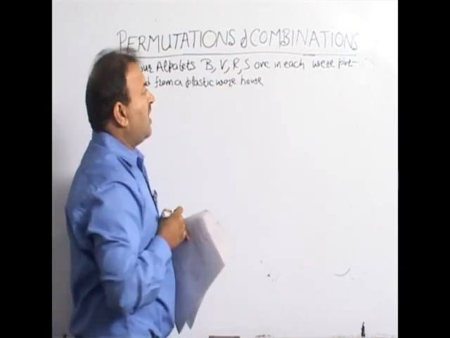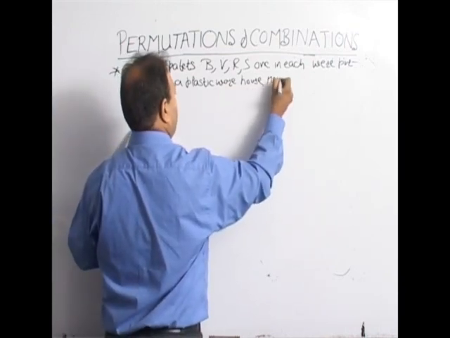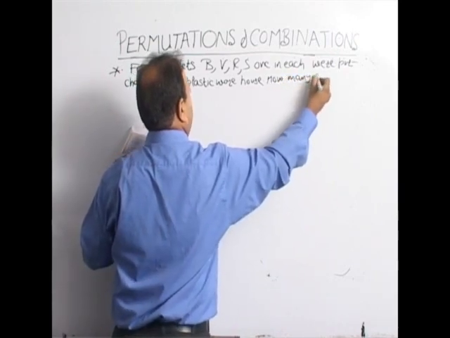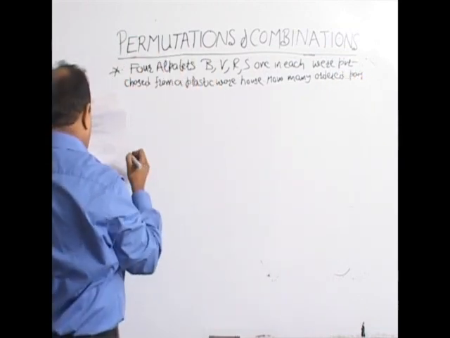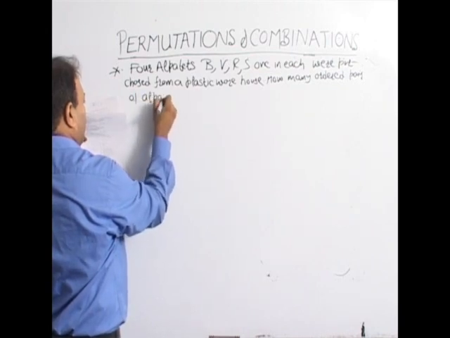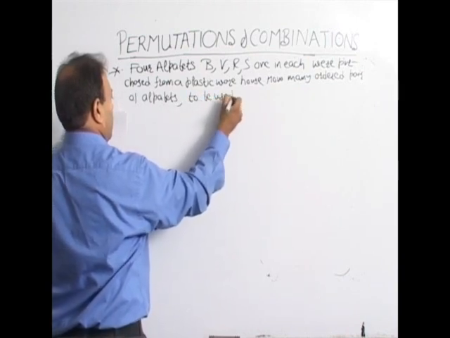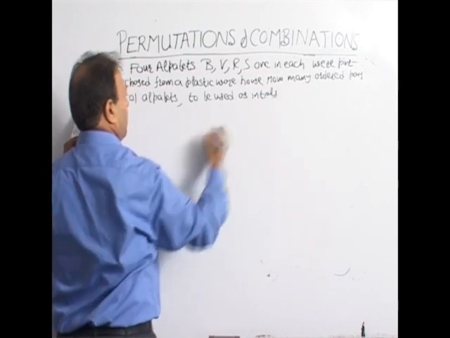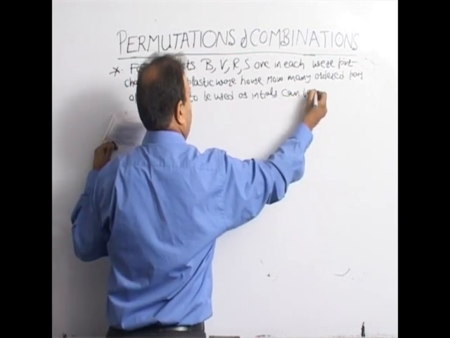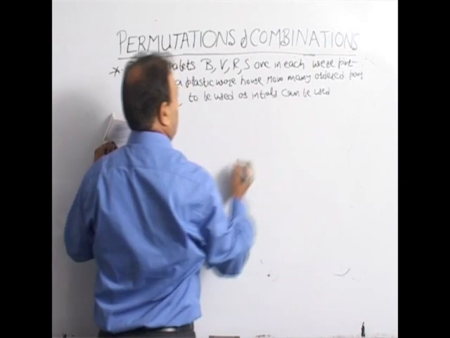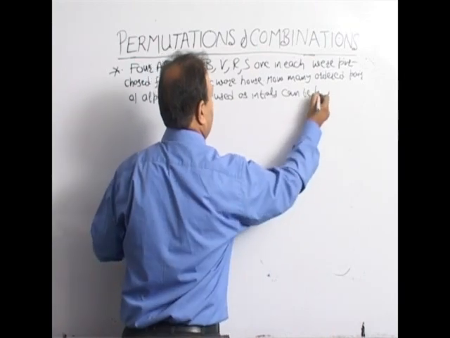How many ordered pairs of alphabets to be used as initials can be formed from them?